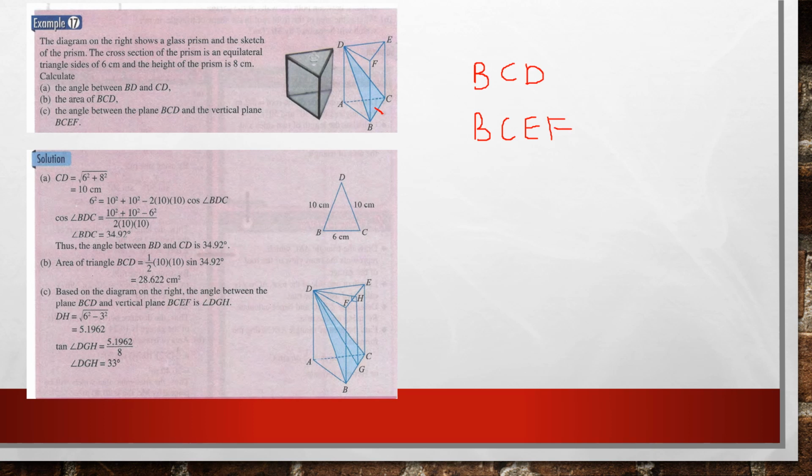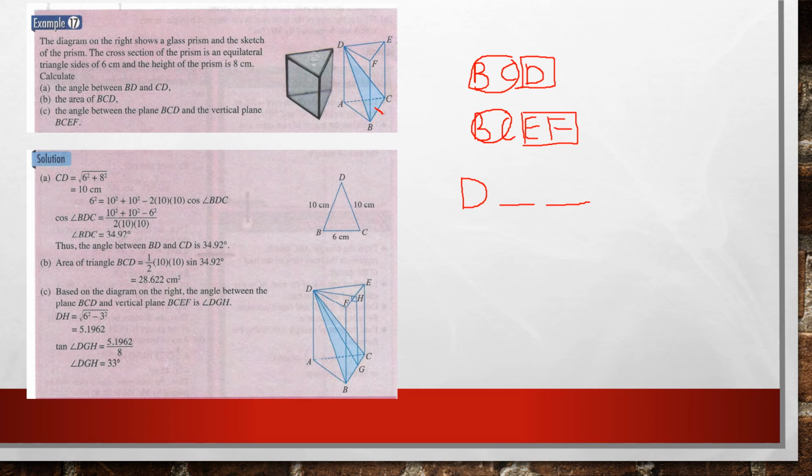So how to find the angle? You have BC and BC. From the first plane, your left is D, so that means your angle starts with D, and your second plane, your left is E, F. Now we want another two letters here. So BC, we find the middle part of BC.